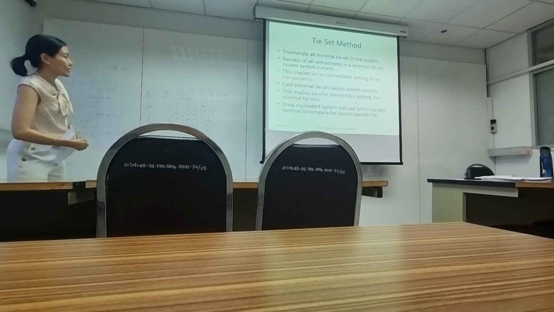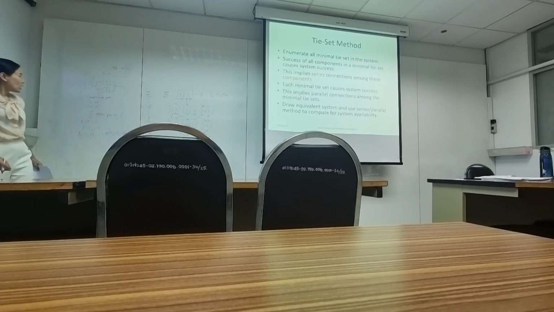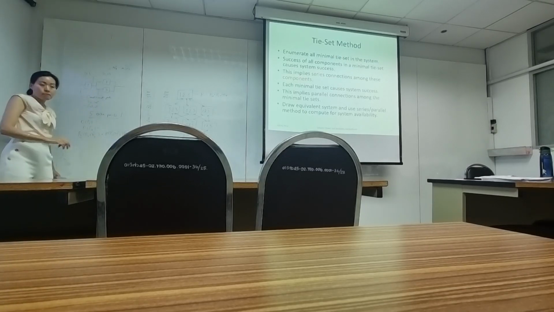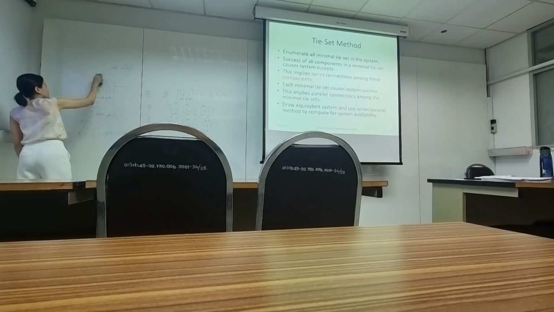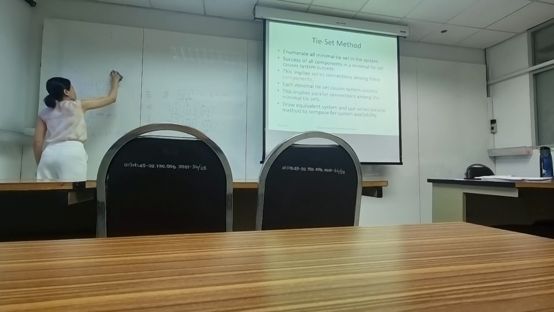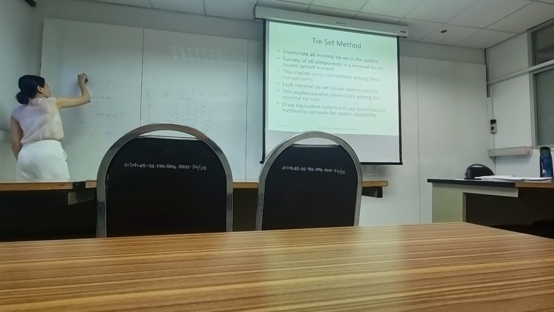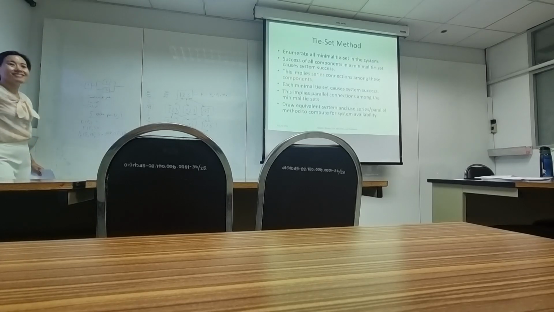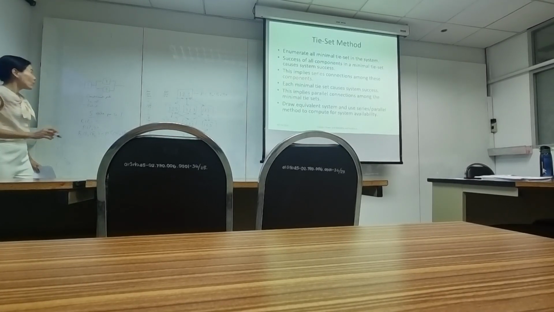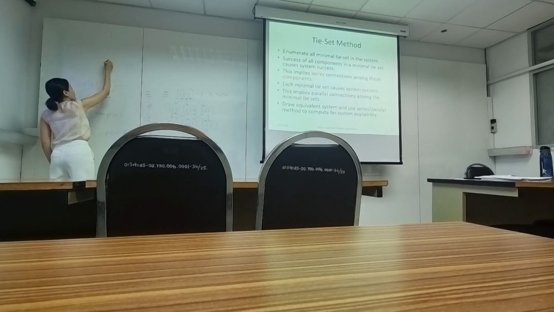So work on it. Either you use the cut set, tie set, or conditional probability. For the tie set, your system is 1 in series with 2 and 3 in parallel. So what is your tie set equivalent? 1, 2, and 1, 3.